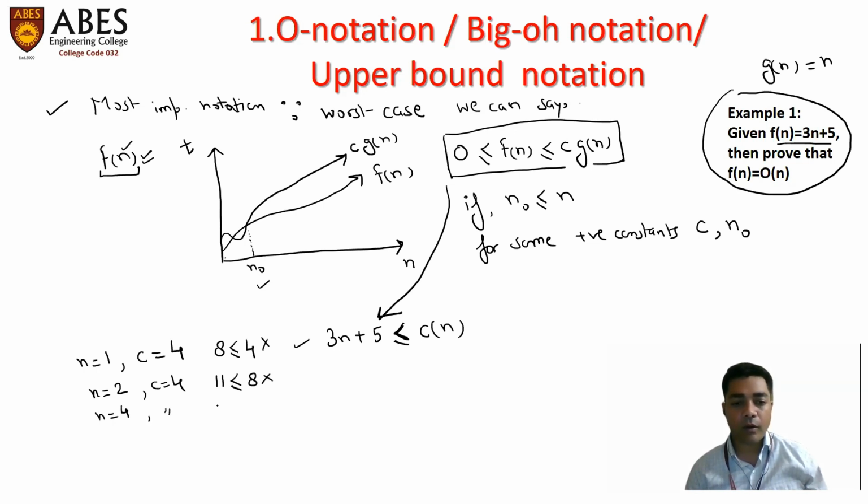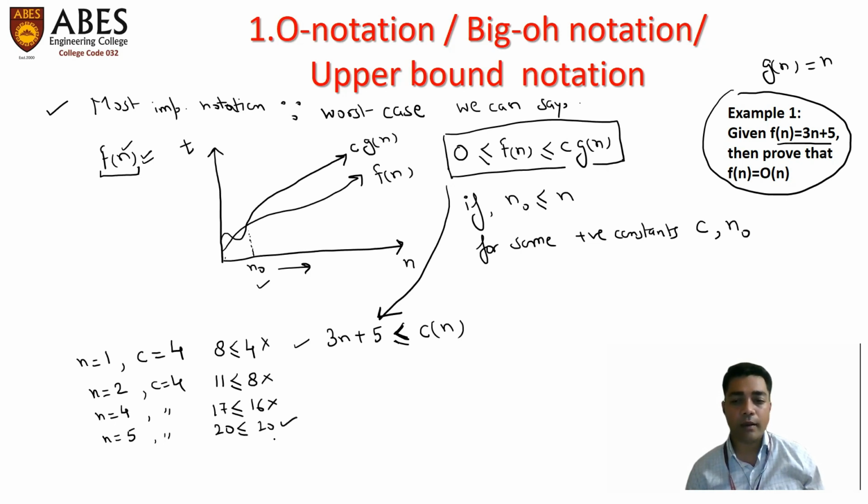And the number of inputs are increasing, as you can see in the graph. So 4, 12 plus 5 is 17, less than equal to 4 into 4, 16. Again not true. Let's try for n is equal to 5. This is same. N is equal to 5 is 20, less than equal to 5 into 4, 20.